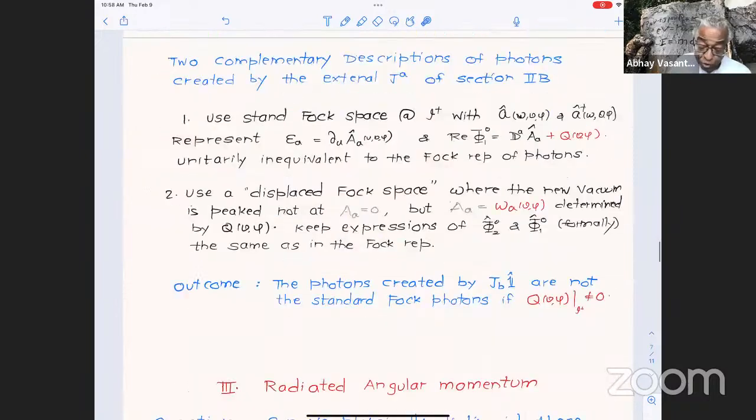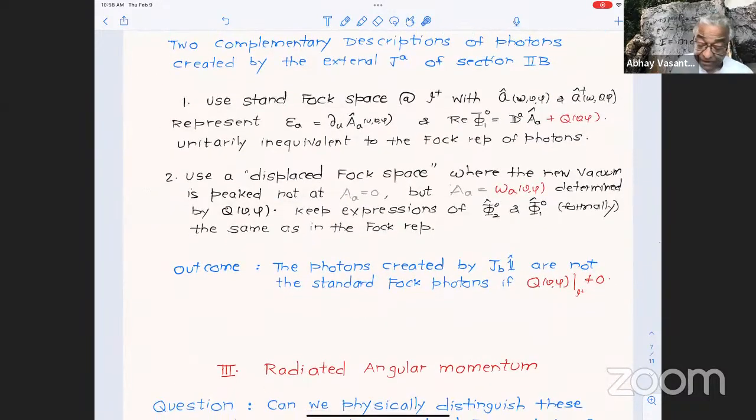So therefore, there are two complementary descriptions of the photons created by the external current J in this section 2b, where the current is not of compact support in time. First will be to use a standard Fock representation with A and A dagger as before, and then represent E as just du of A and the real part of phi 1 as this plus this.